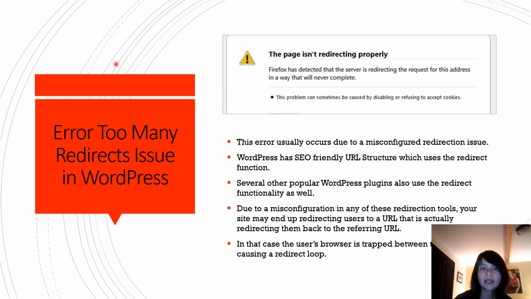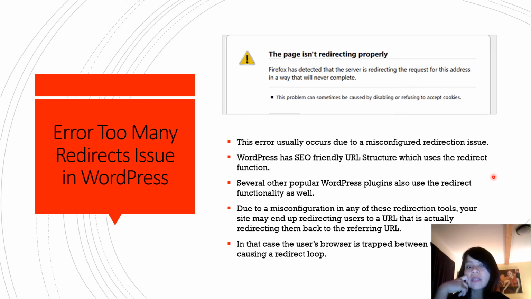Okay, so next error, too many redirects issue in WordPress. So this right here, the page isn't redirecting properly. You might see something like that. This usually occurs due to a misconfigured redirection issue. WordPress has an SEO-friendly URL structure which uses the redirect function.